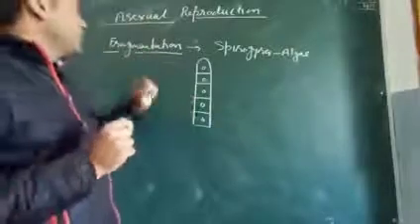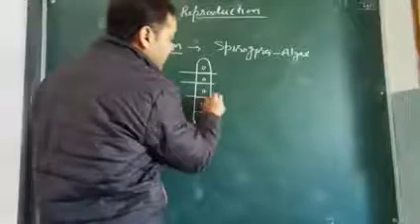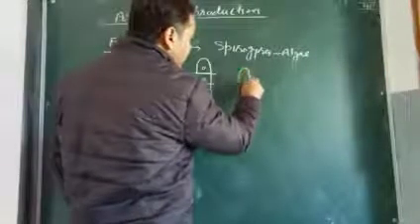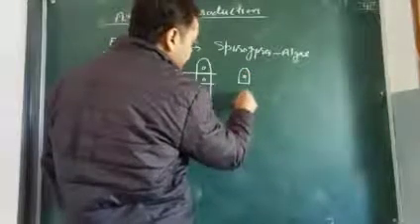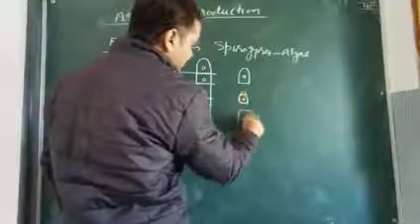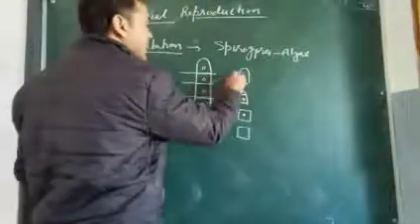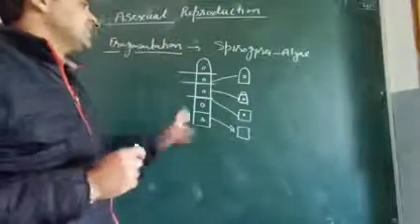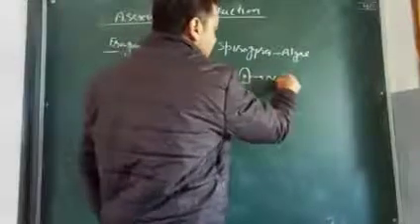So what will happen during fragmentation? If any part of the body of this organism detaches, it will divide into different fragments, and every fragment will develop into a new individual.